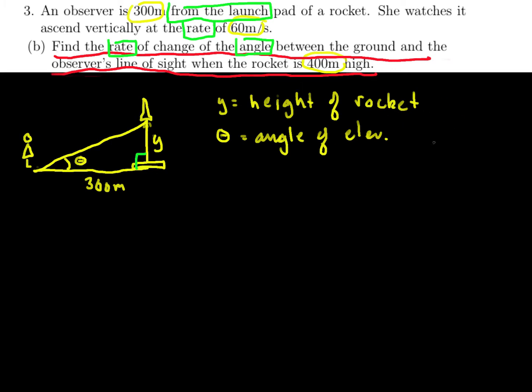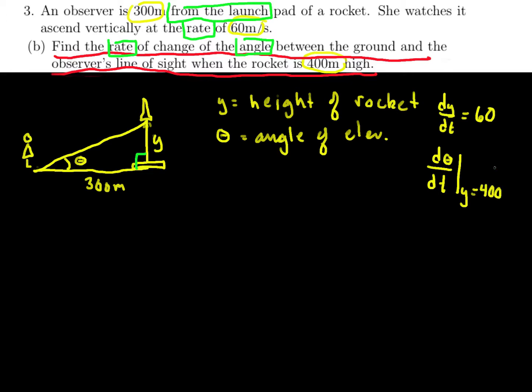We know that dy/dt is still 60. And we want to know what is the change in that angle. What is d theta/dt when y is equal to 400?